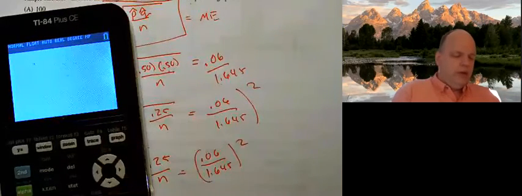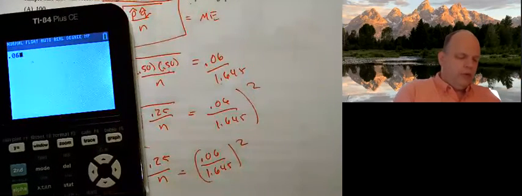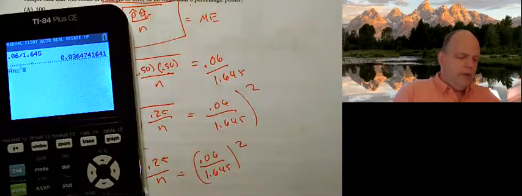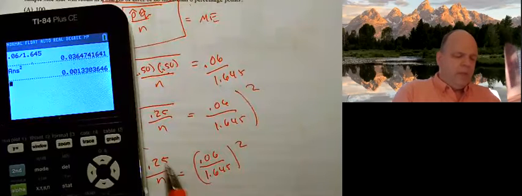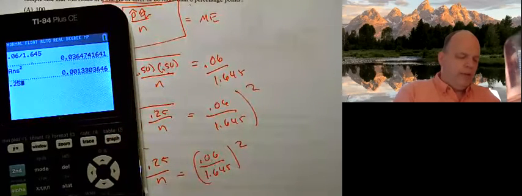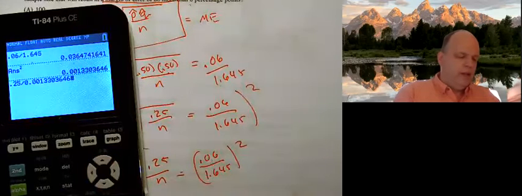So let's do this work. 0.06 divided by 1.645, and I'm going to square that. Then I'm going to take 0.25 and divide it by what we just calculated.